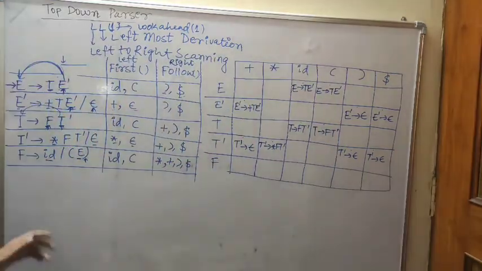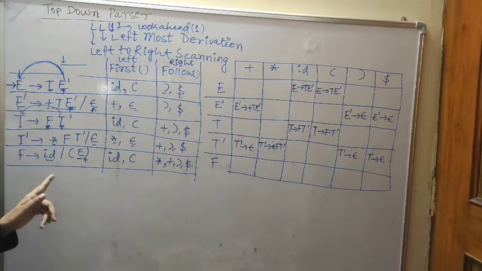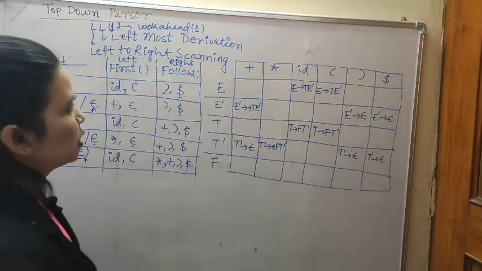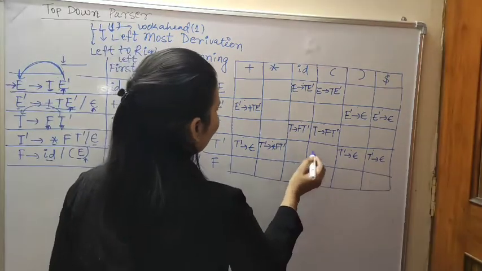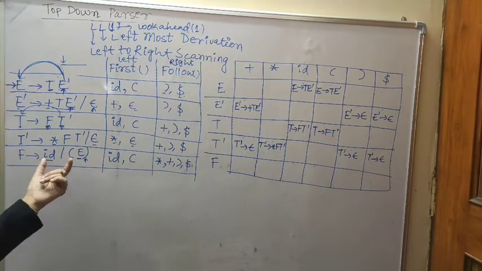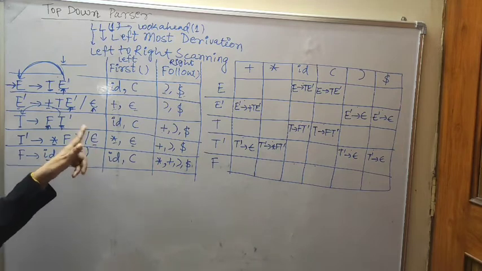Next we will see F. The first of F is ID and open braces. Here there is no epsilon.